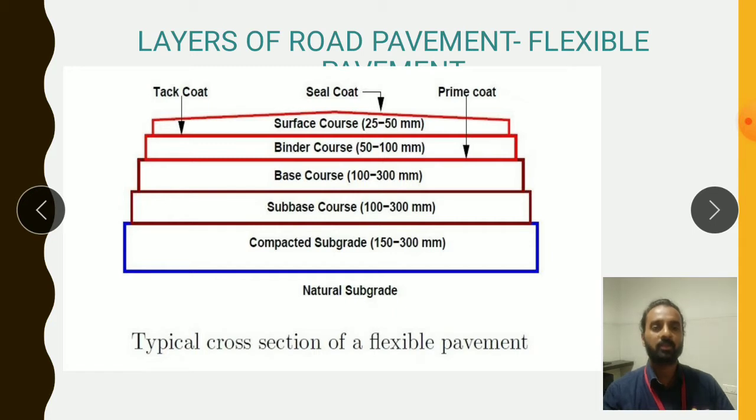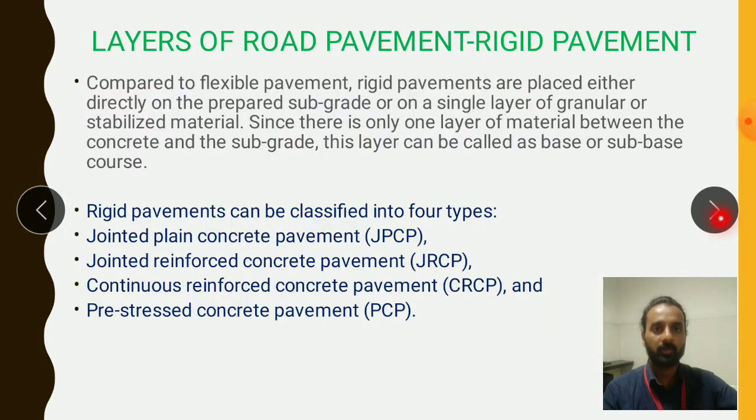The base course thickness ranges from 100 to 300 mm, the subbase course ranges from 100 to 300 mm, and the subgrade ranges from 150 to 300 mm in thickness. After the subgrade there is natural soil, or you can say natural subgrade. So this is a typical cross section of the flexible pavement.